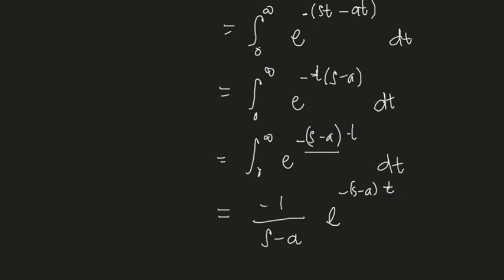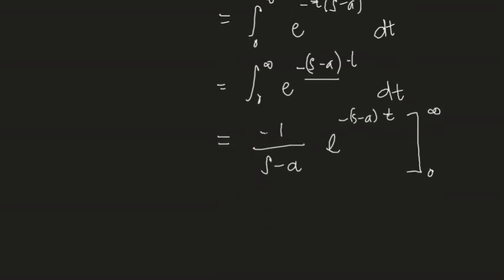Okay, so this now will be our equation, and we are going to evaluate this from our lower limit to our upper limit. So we are going to evaluate our equation. This will be equal to 1 over s minus a.